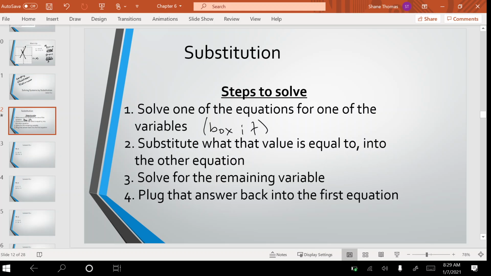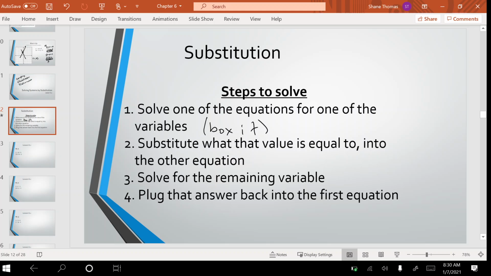Then plug that answer back into the first equation. We can only solve an equation if we have one variable. That's the only way we can do it. If we try to solve something with two variables, you're just going to get those sloppy, unsatisfying answers. If we can make one of these equations have only one variable, then we can roll with it.